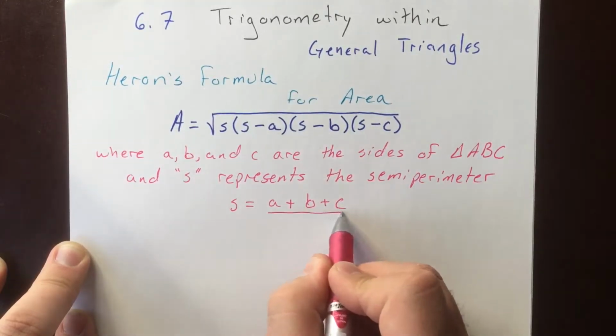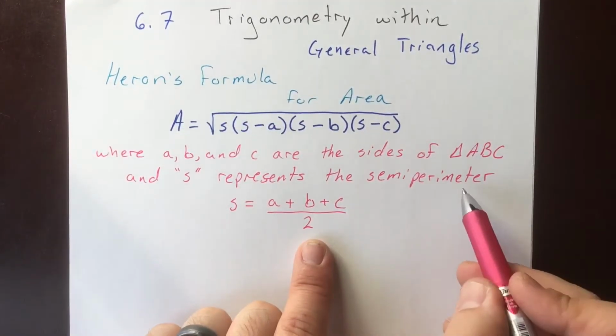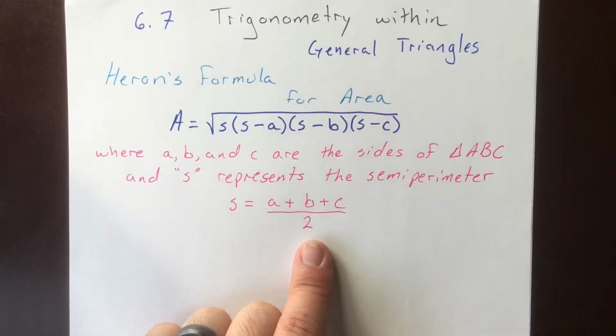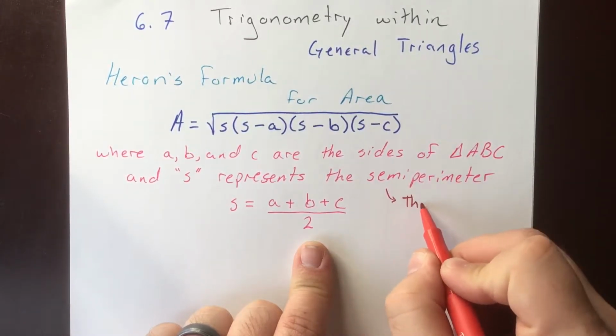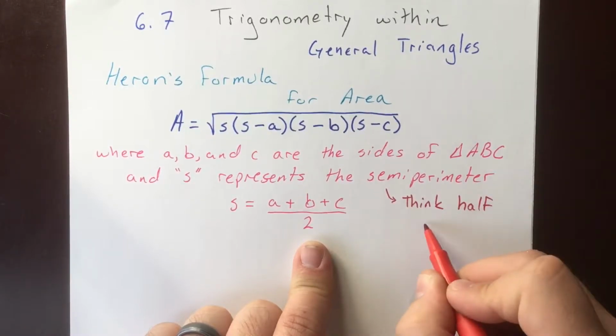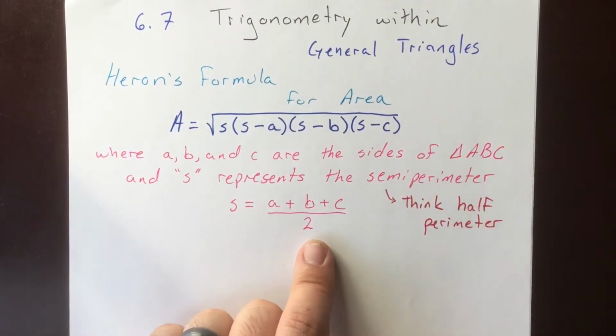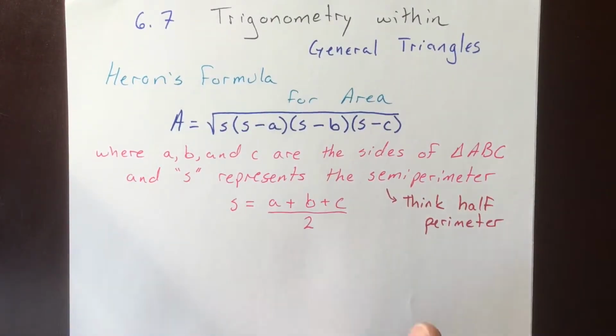And we divide that value by 2. So one way to remember this, perimeter means you find the total of the side lengths. Semi, as in like semicircle, we can also think of half. Think half perimeter. So this Heron's formula utilizes the half perimeter, or the semi-perimeter, and the three side lengths.